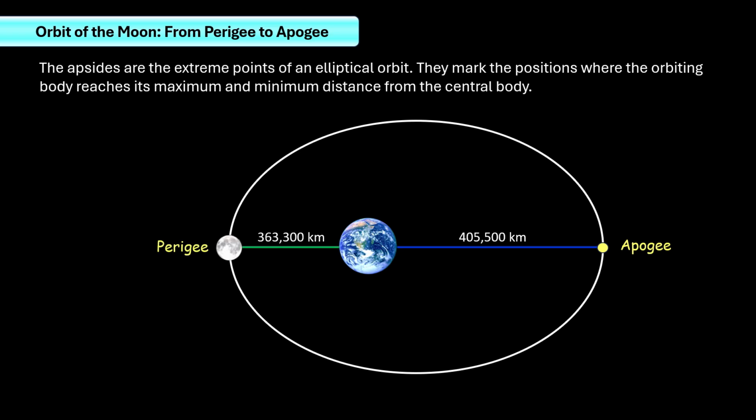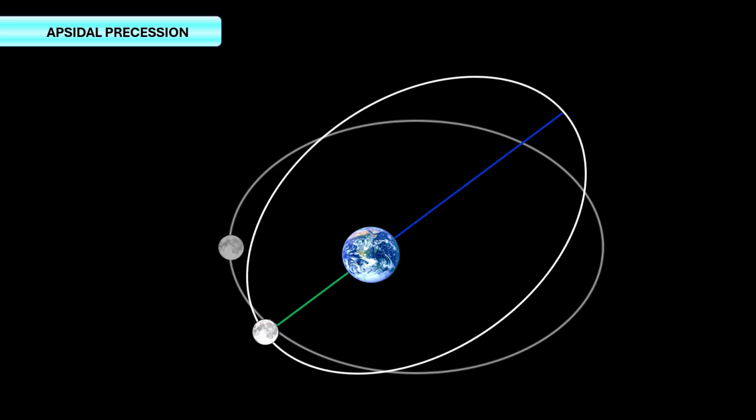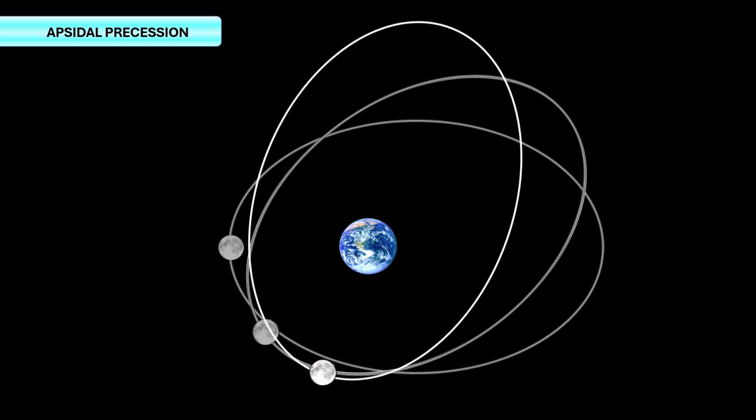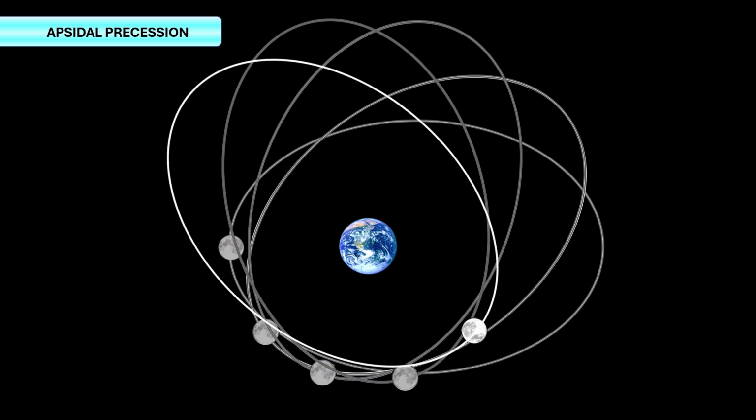However, the line of apsides does not remain static. The combined gravitational forces of the Earth and the Sun cause the Moon's elliptical orbit to slowly change its orientation in space, moving the positions of perigee and apogee over time.